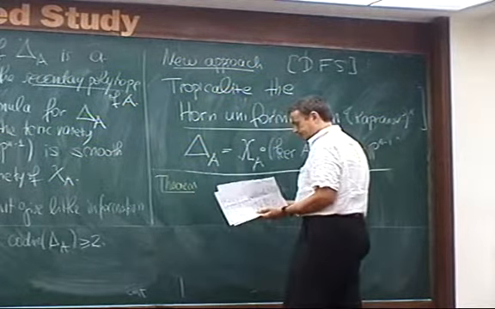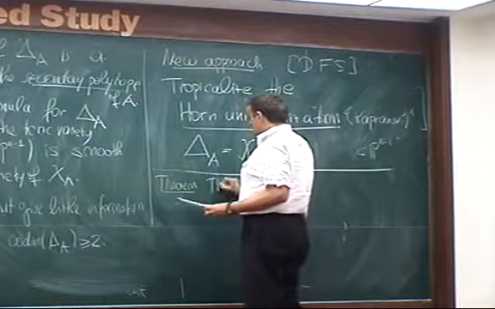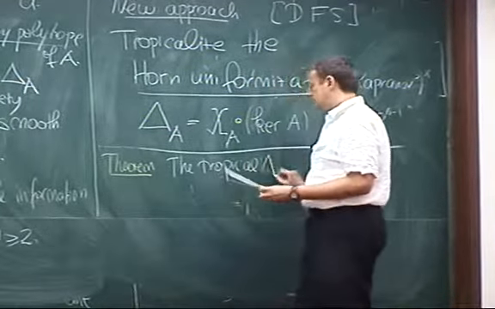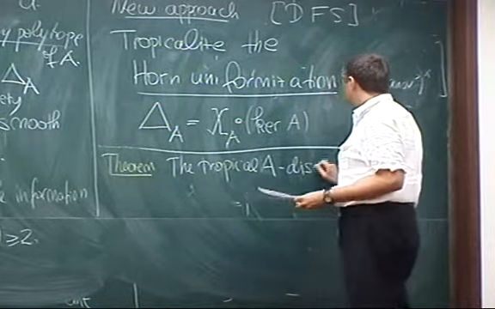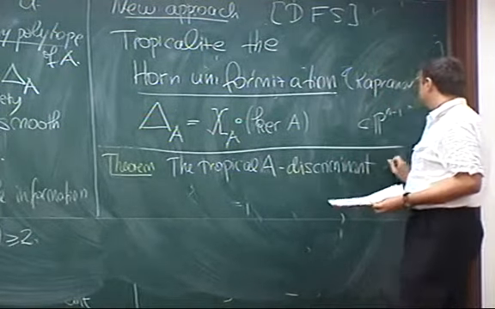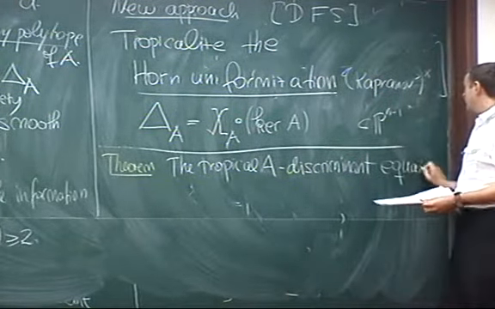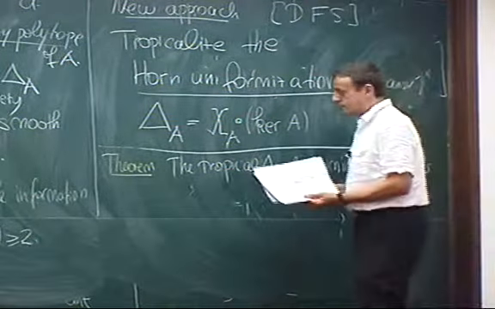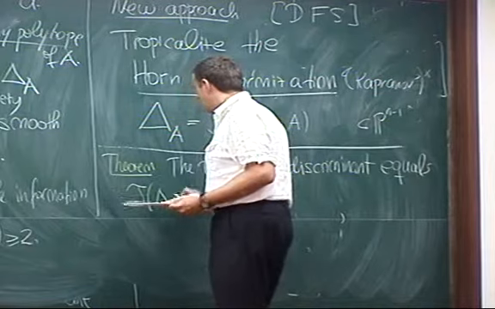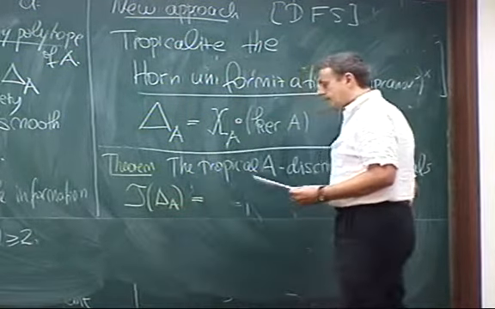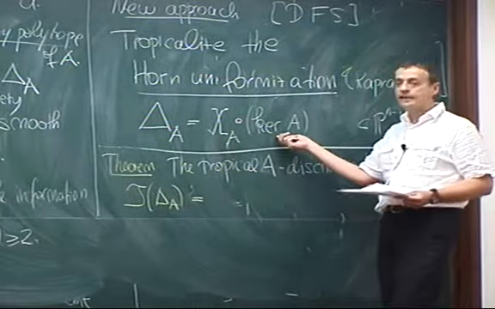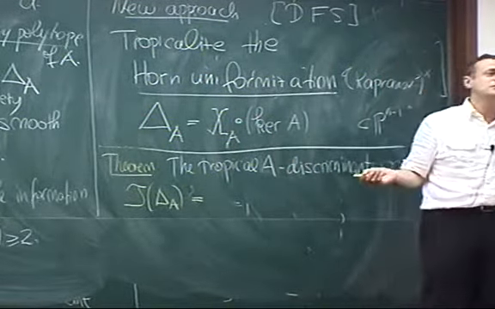So the theorem says the tropicalization of the A-discriminant, so that's the tropical variety of A, is equal to, well, you tropicalize this and you tropicalize that, and multiplication turns into addition.